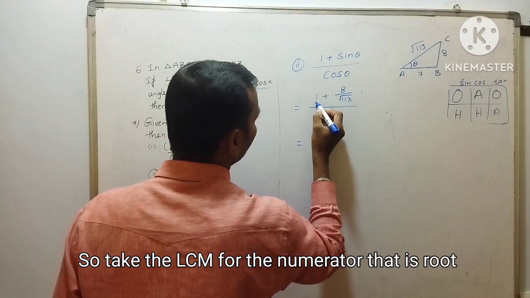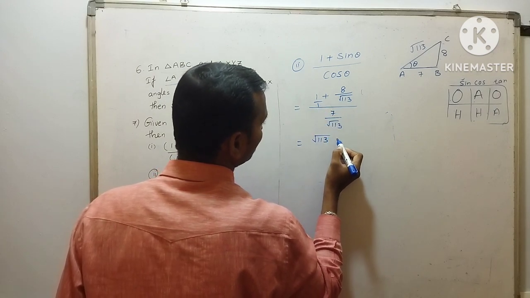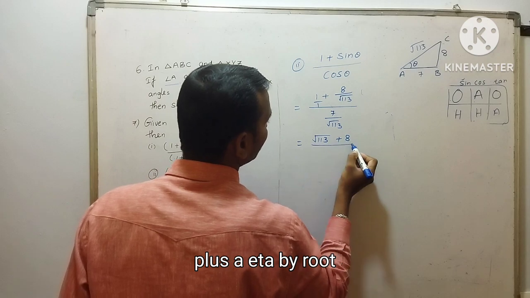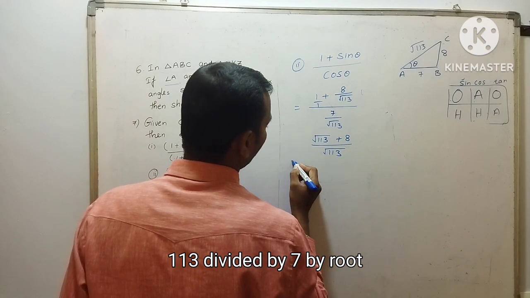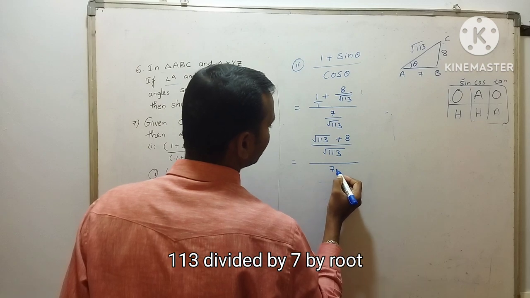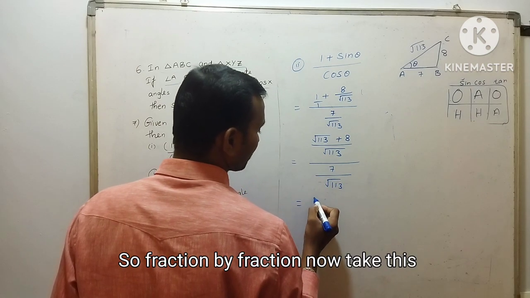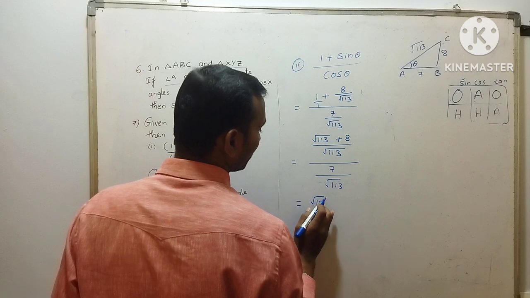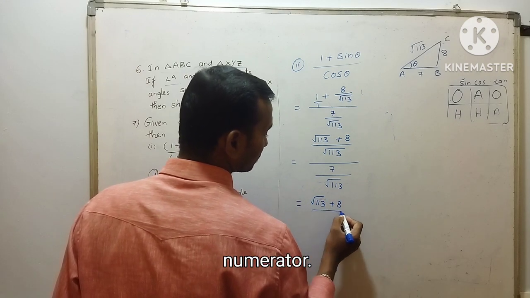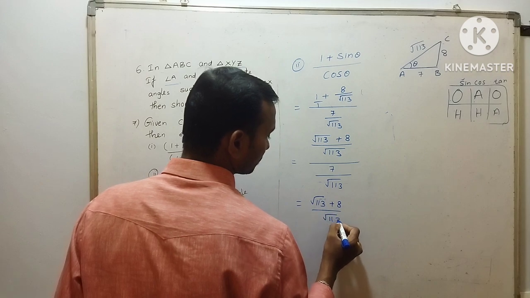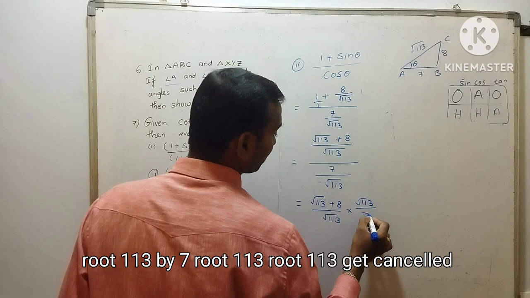So take the LCM for the numerator. That is root 113 plus 8 by root 113, divided by 7 by root 113. So fraction by fraction now, take the denominator fraction to the numerator. That will give you root 113 by 7.